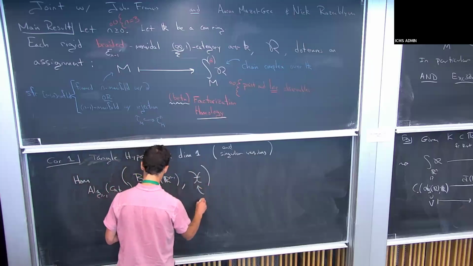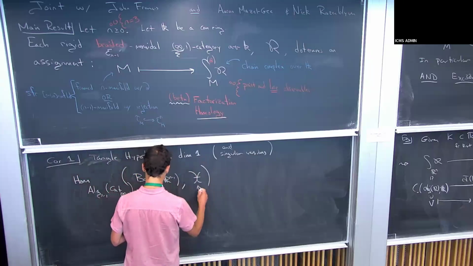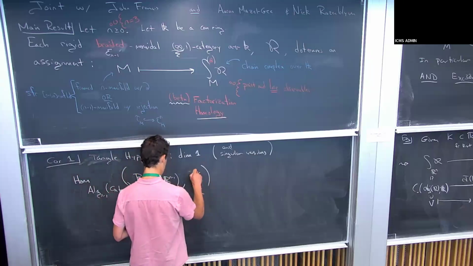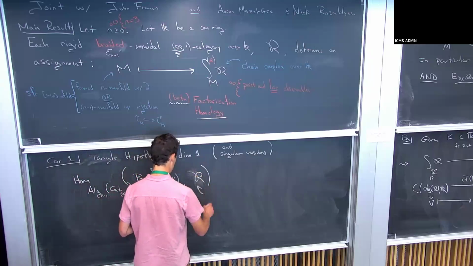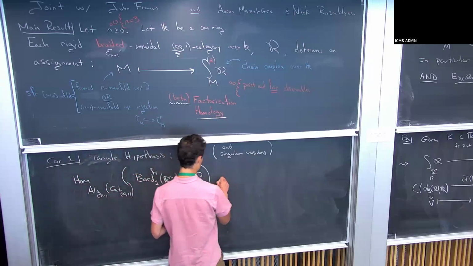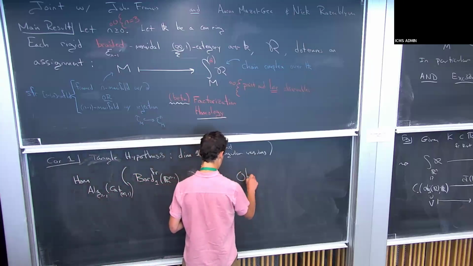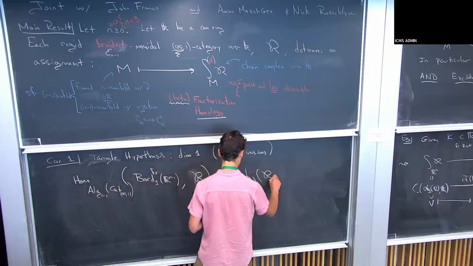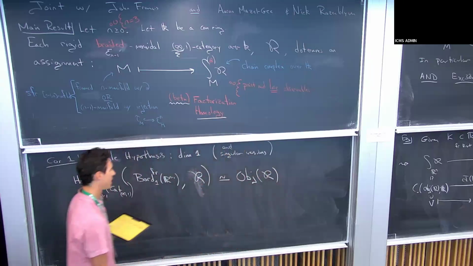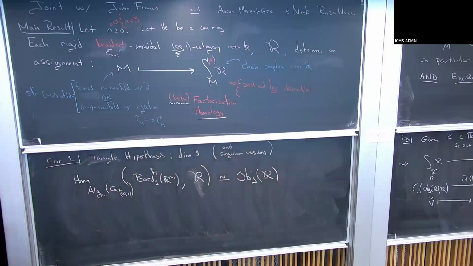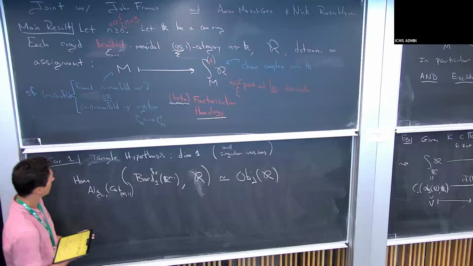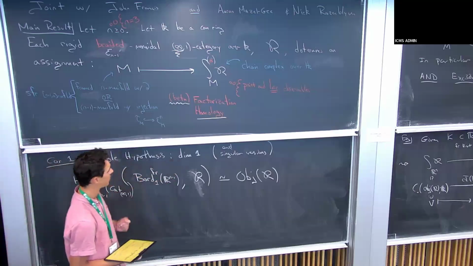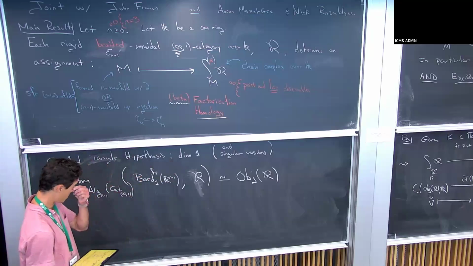So that's just a rigid category; that's why I used X, since we've been using R. This is equivalent to the moduli space of objects of R. So that's a statement of the tangle hypothesis for one-dimensional tangles in ambient dimensional space.